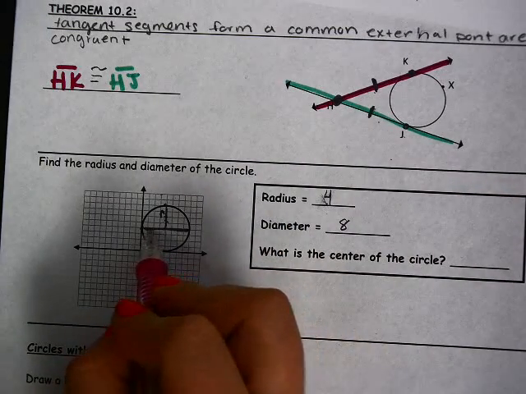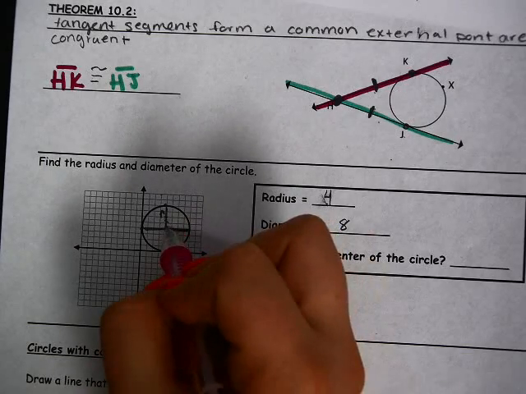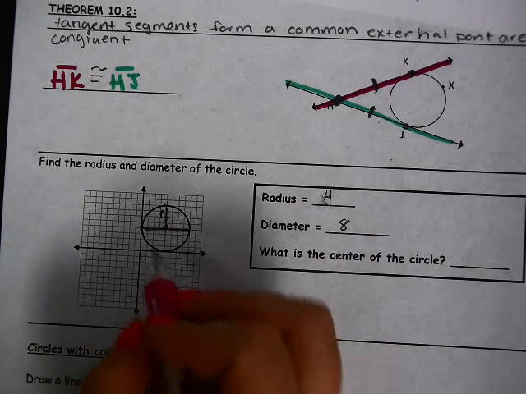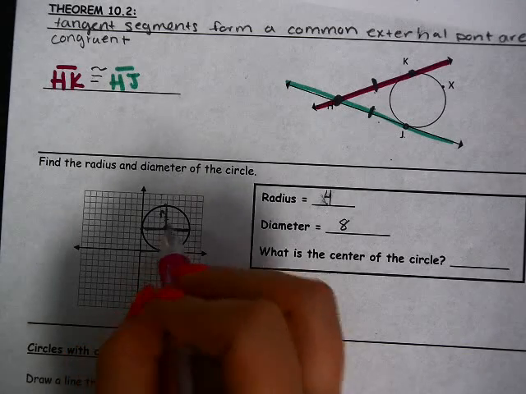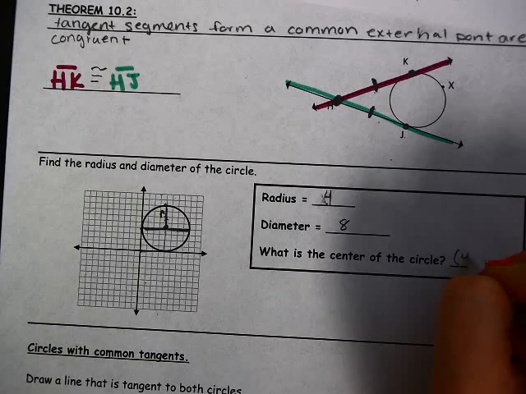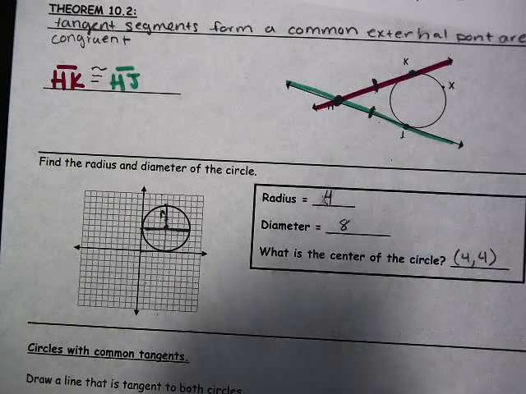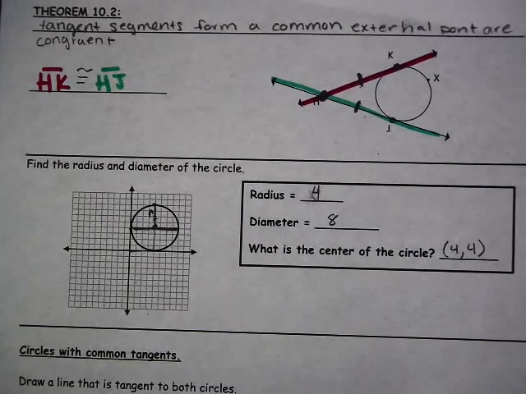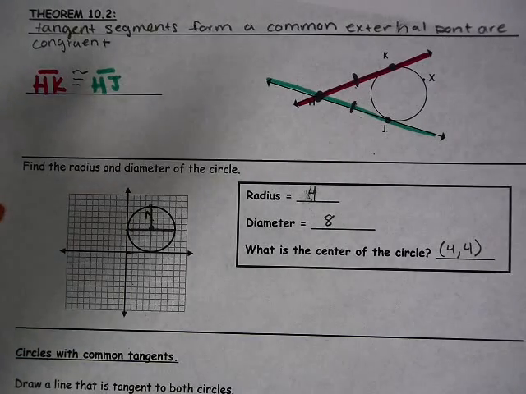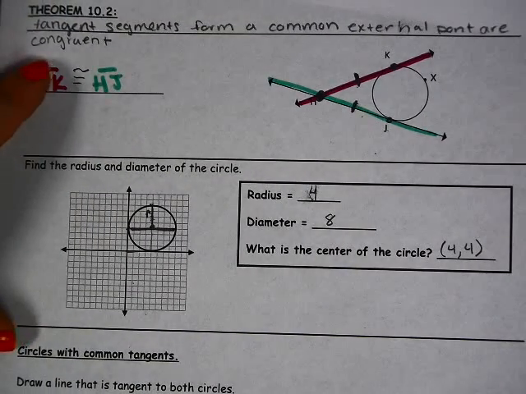Because if you were to count across, you would get 8. And if you were to count from the center of the circle up, you would have 4. Now the coordinate for our center, you're going to go over 4, up 4. And so that's going to be our center. Okay, and now we're done with that.